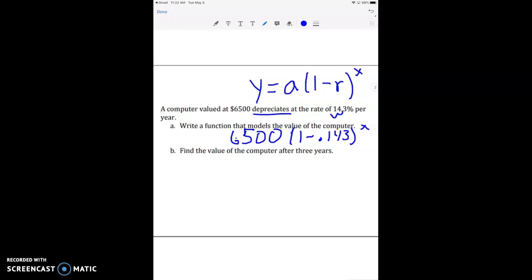That would be my formula, and this is y equals 6,500 times (1 minus 0.143) to the x. Now at this point I would grab a calculator, because you could fill out any piece of information you need just by substituting in for x.